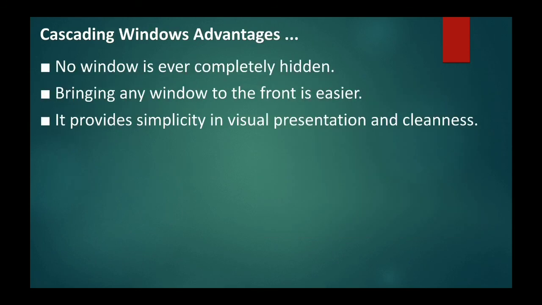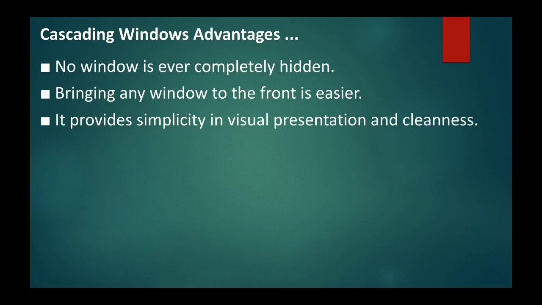The cascading windows presentation style has a few advantages, which I just mentioned here. No window is ever completely hidden, so all the windows are visible to the user. Some portion of each window is still available. Bringing any window to the front is very easy. You click on that particular window and it will come to the front. It provides simplicity in visual presentation and cleanness.